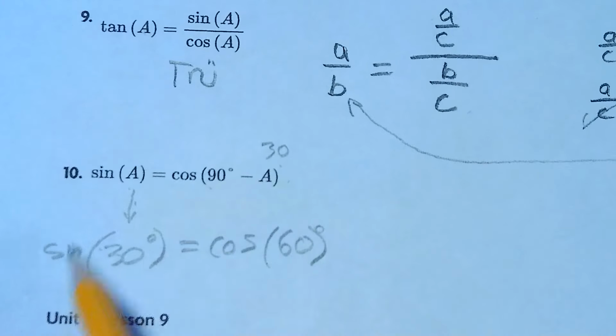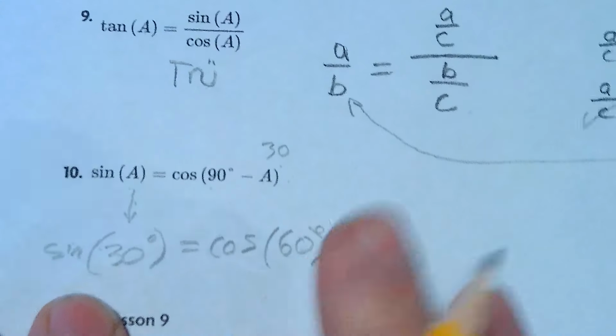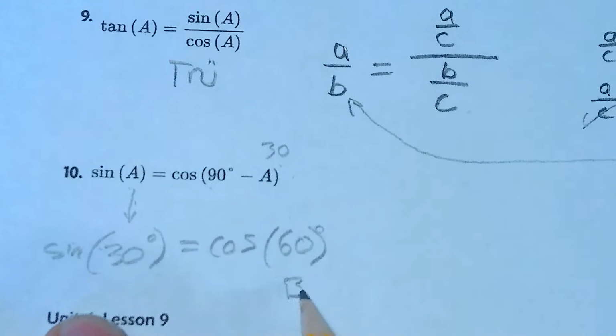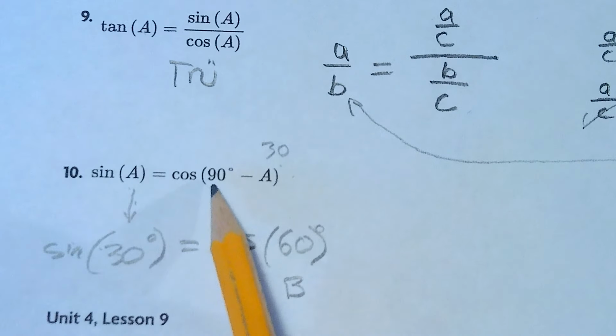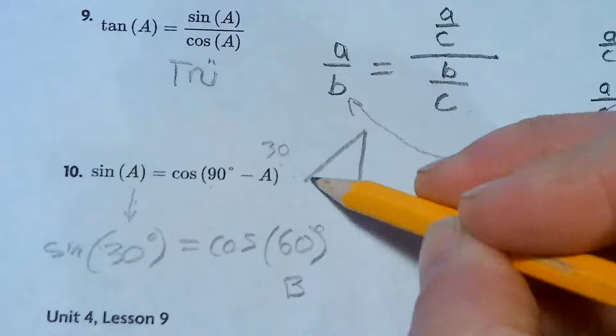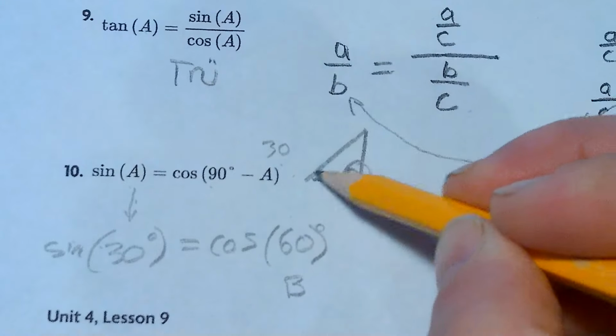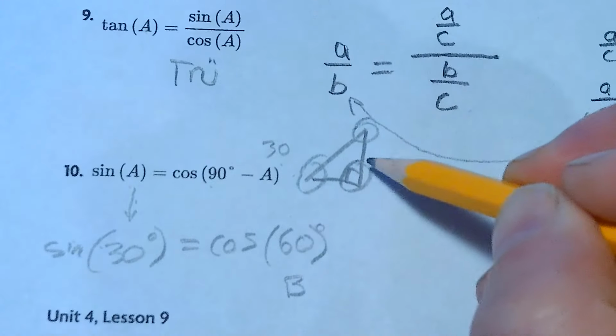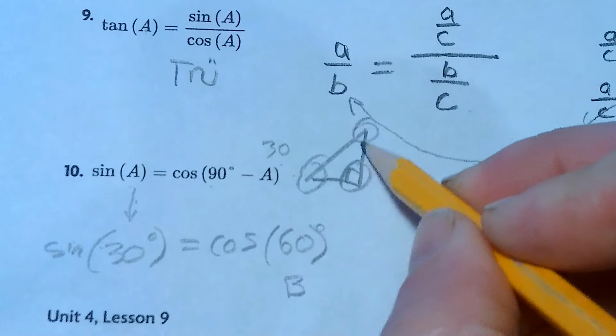So this is B, because it's not the 90 degree angle. The reason why this 90 is here is after you take out the 90 degree angle of a triangle, there's only 90 more left because the triangle has 180.